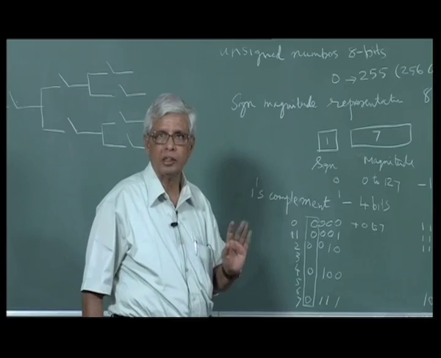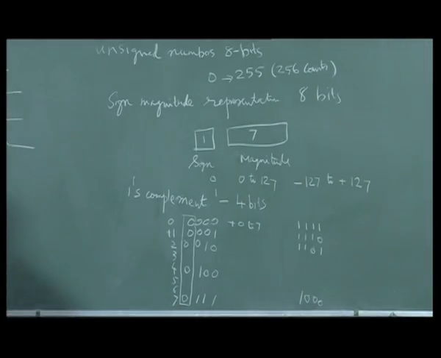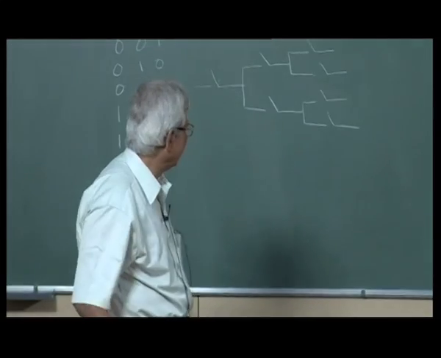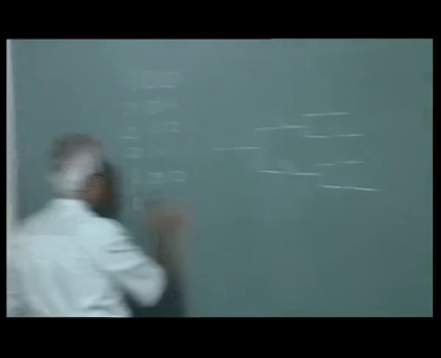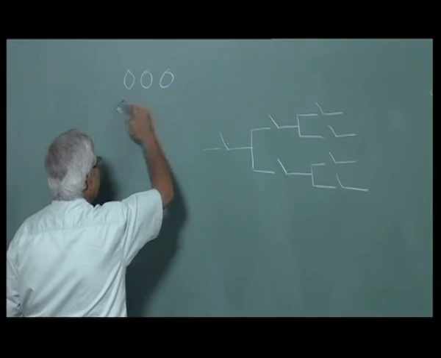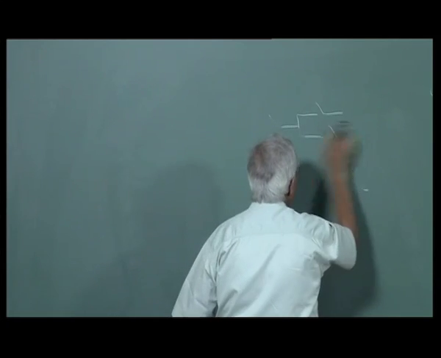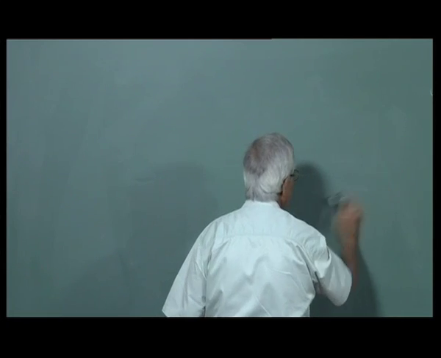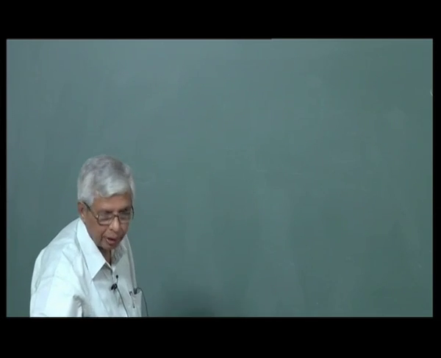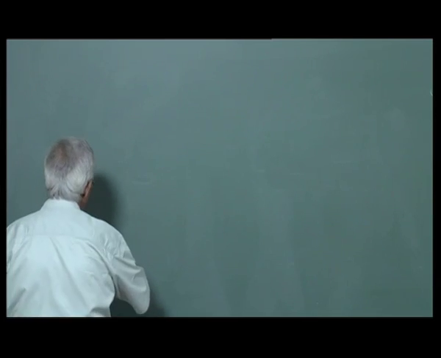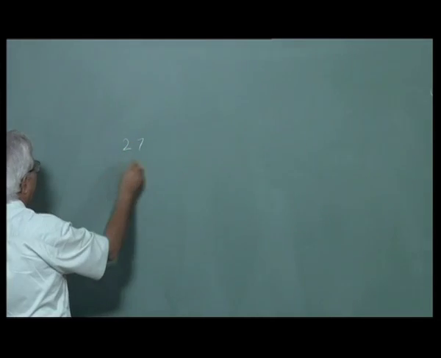That is 1's complement. Then there is a 2's complement. The 1's complement is simply like this. I can also have a decimal number. For the decimal number, I can have 9's complement. For example, I will make 2-digit numbers, simple. Let us say I have 27, a decimal number.